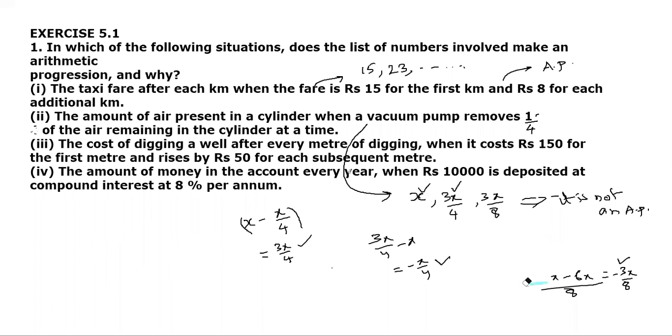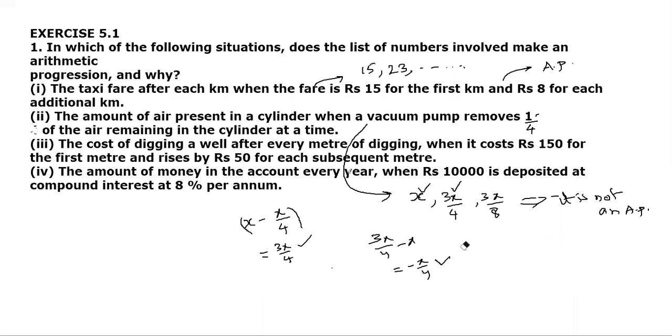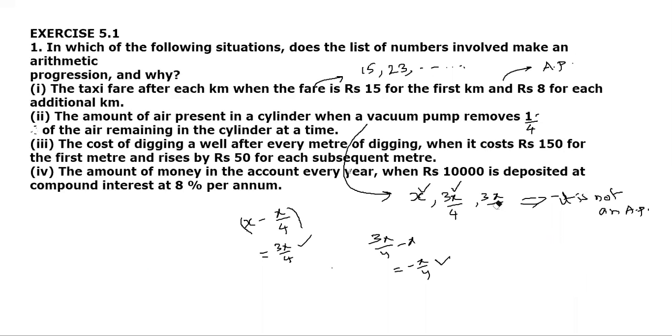So 1/4 of 3x/4 is 3x/16. So 3x/4 minus 3x/16 is removed.